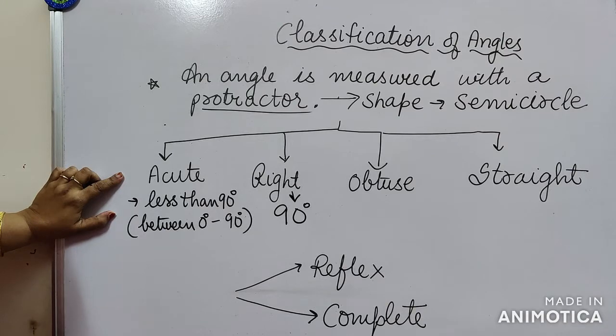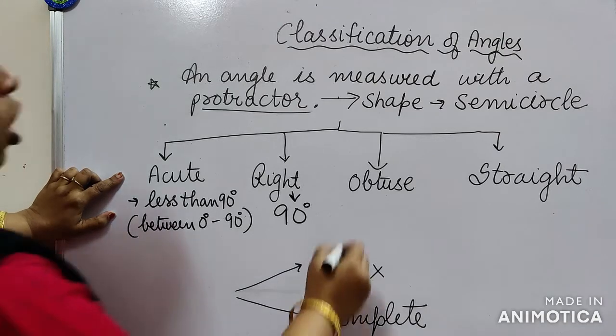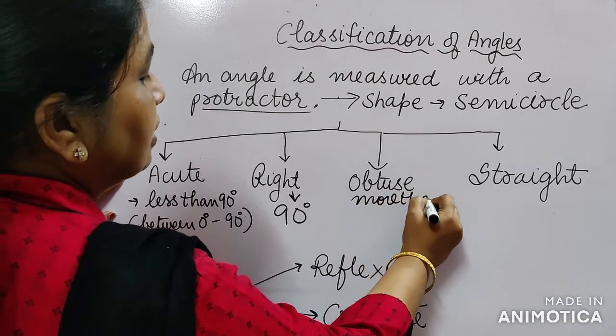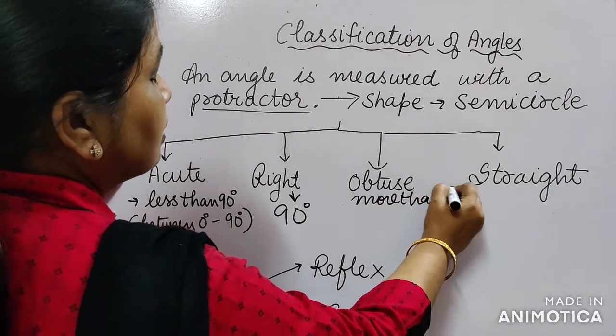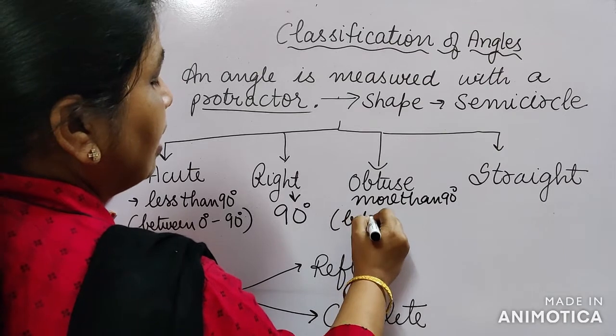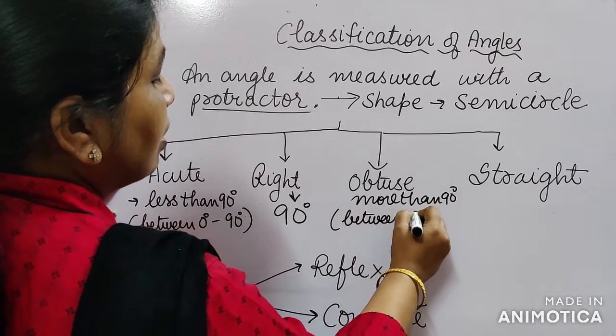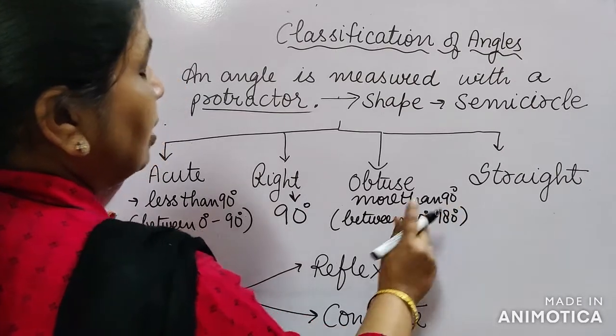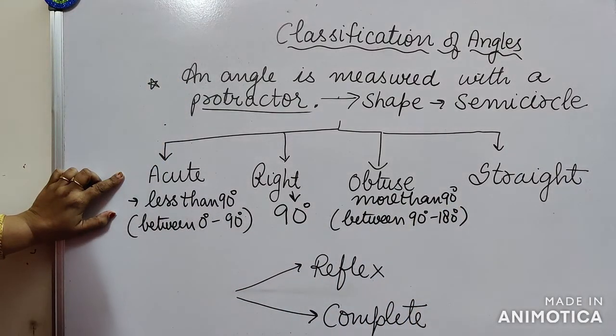Now the third one is the obtuse angle. An obtuse angle is more than 90 degrees, right? Or you can say it will be between 90 degree and 180 degree, like 110, 120, 135, 175.